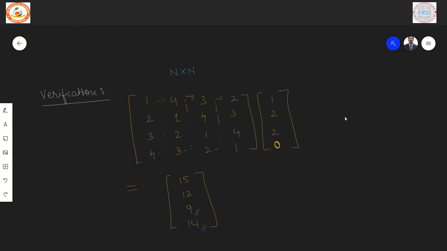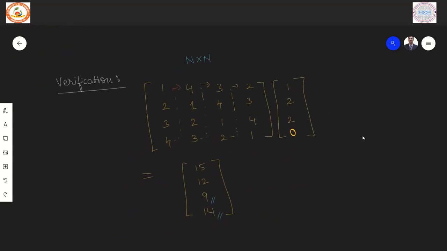Now after you get the result, you can do a quick check of whether what you got is right or wrong. For this we can employ a shortcut method which is called the matrix method. So the two sequences are given. You take any sequence and express it in the form of n cross n. The sequence 1, 2, 3, 4 is chosen here. To generate n cross n, we take the last element 4 and place it at the top, and correspondingly the remaining elements are 1, 2, 3.